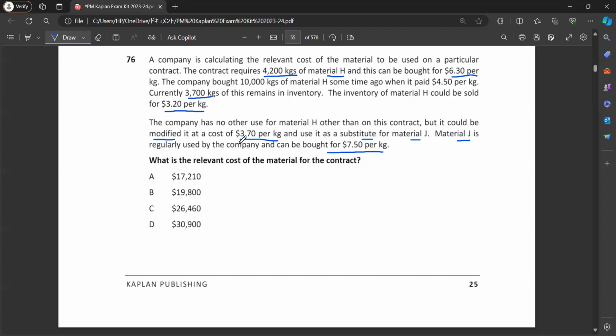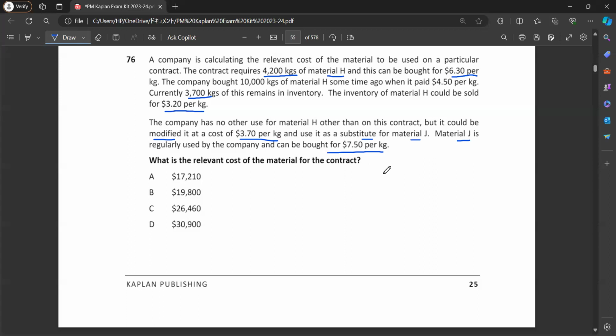So if they use it as a substitute for material J, it need not be purchased, which is at present costing 7.50 per kg. So they will be saving cost on material J to the extent of 7.50. But that is possible only when it is modified, at a cost of 3.70 per kg.